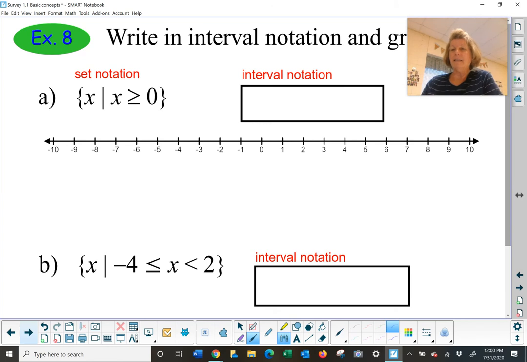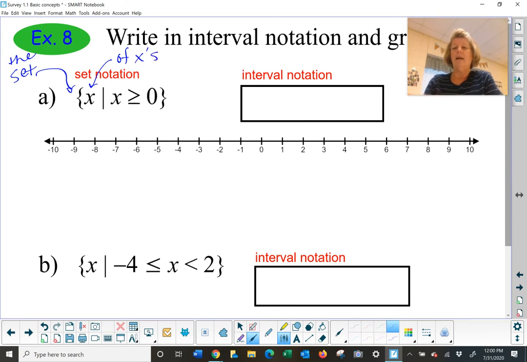On to the last example here. Write in interval notation and graph it. So how do I read this? This gets tricky. People do not like this set notation, but it has a lot of mathematical meaning. When I see the braces, that immediately means set. So I kind of read it as the set of x's.